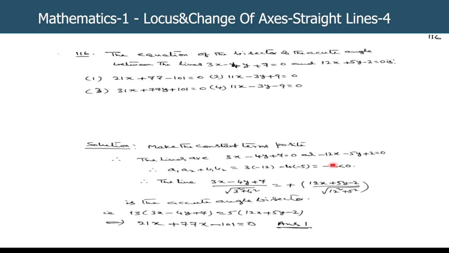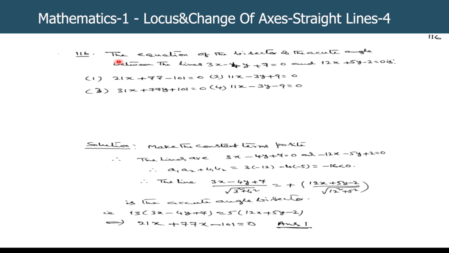Therefore, if a1a2 plus b1b2 is less than 0, the bisector with the plus sign is always the acute angle bisector. So (3x minus 4y plus 7) by square root of 3 square plus 4 square is equal to (12x plus 5y minus 2) by square root of 12 square plus 5 square is the acute angle bisector. If you simplify it, that is 21x plus 77y minus 101 equal to 0. Correct option is 1.